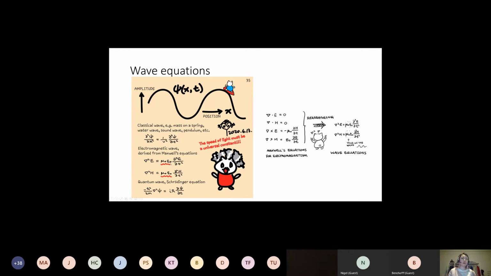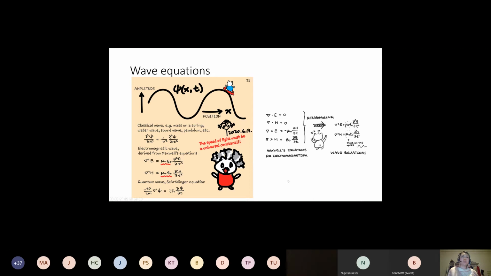And this is how Einstein got the inspiration when he looked at Maxwell's equations mashed up into this wave form. He saw these constants here, the permittivity and permeability of vacuum. And he looked at the classical wave equations. This gives velocity. That means these two constants give you the speed of light in vacuum.